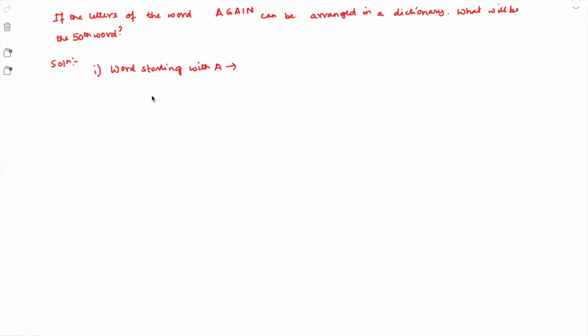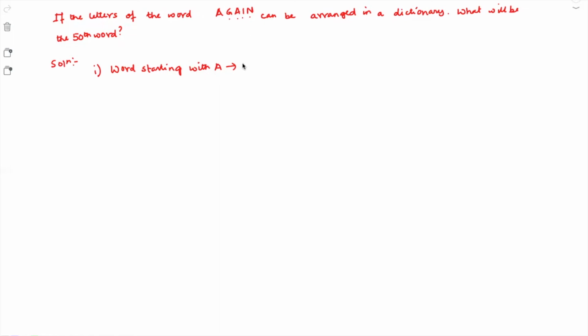I repeat, since the first letter is A, A's position is fixed. There is no interchange in its position. So only 4 letters, G, the second A, I and N can interchange their positions.